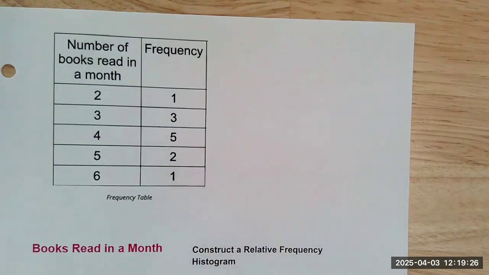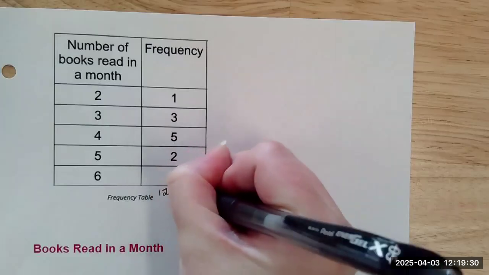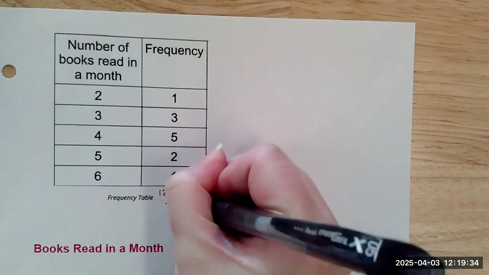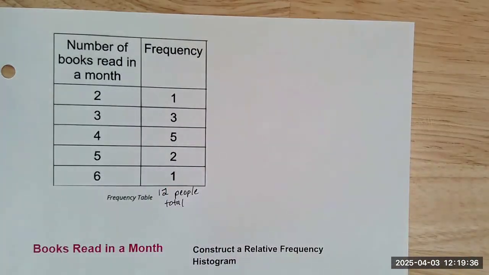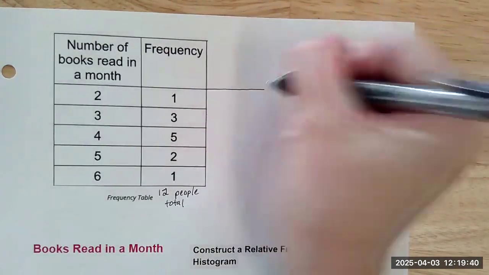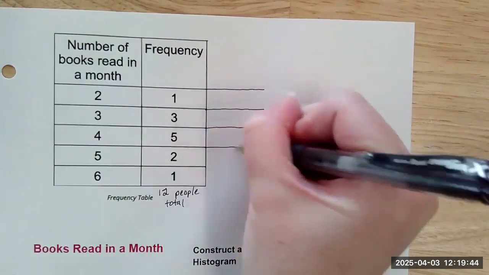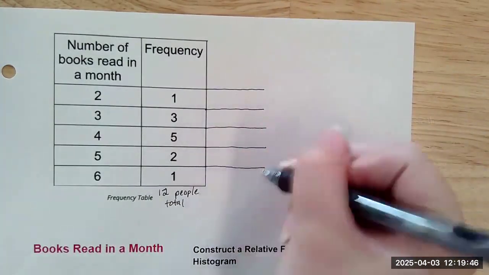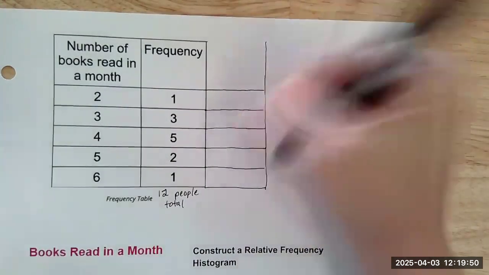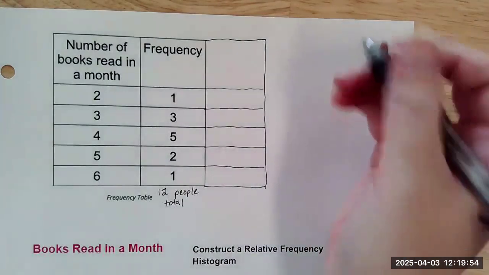So I'm going to write 12 people total down here, and I'm going to make myself another column in this chart. And what I'm going to title this column is the relative frequency.